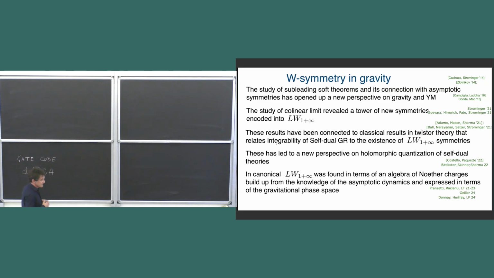This is what we started to do with Daniele Pranzetti and Anna Maria Raclariu, where we realized how to find this W symmetry algebra from the canonical perspective. And also recently, we studied the connection between this canonical perspective and the twistor perspective. So there's a theme here. This is what I want to talk about: going beyond BMS. I hope I'll explain a bit more what this symmetry is about.